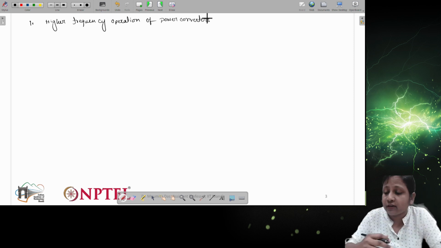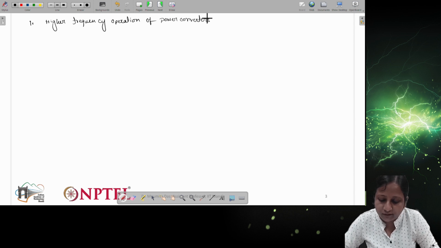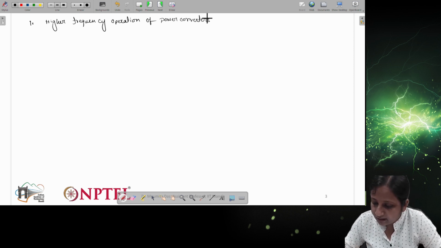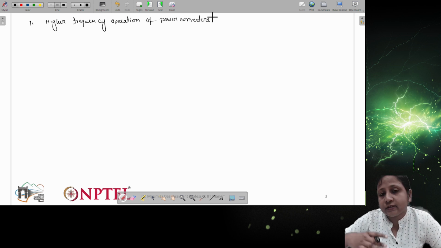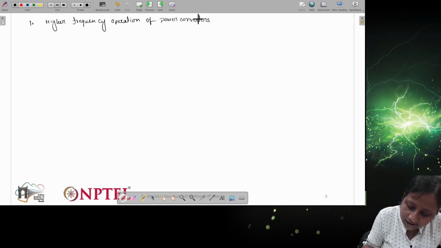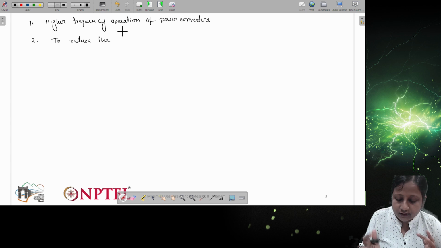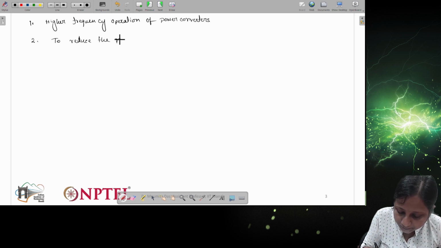This is what we are trying to look into. Whenever there is higher frequency operation in power converters, the converters move towards the high frequency region to reduce the passive component sizes, and thereby the converter size.